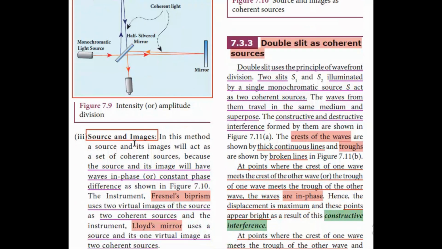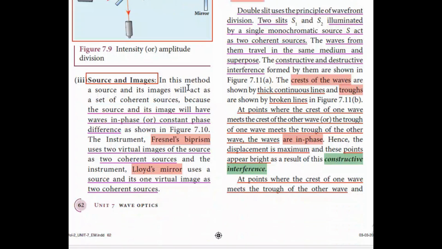And in the third one, the source and images, a source and its image will act as a set of coherent sources, because the source and its image will have waves in phase or at constant phase difference, as shown. The instrument called Fresnel's biprism uses two virtual images of a source as two coherent sources, and Lloyd's mirror uses a source and its one virtual image as two coherent sources.